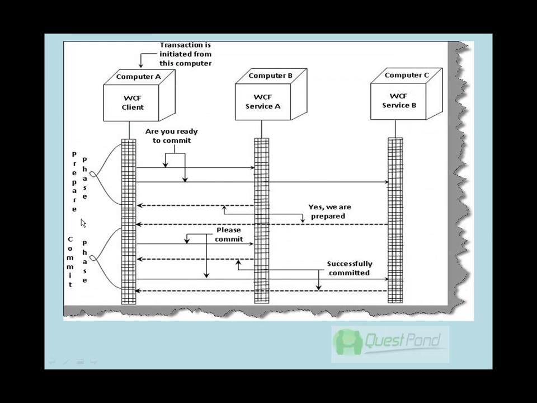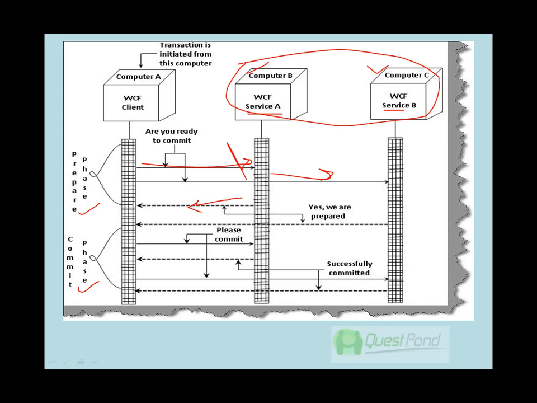WCF transactions happen in two phases. One is the prepare phase and the other one is the commit phase. Now let's say that we have service A and service B, and both of these services are on different computers, and we want both of these services to be executed in one transaction. So the WCF client first initiates the transaction by asking these services, are you guys ready to do the transaction?